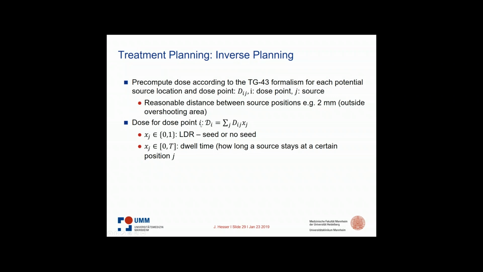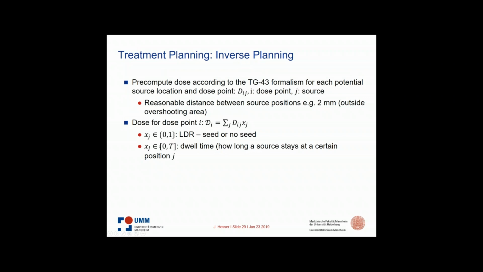The dose for a certain dose point i is therefore the sum over all sources of the dose matrix d_ij times a variable x_j. In case of a seed, LDR, if there is a seed, then x_j is 1, or if there is no seed, it's 0. In case of HDR, we have the dwell time, a real number between 0 and the maximal t value.